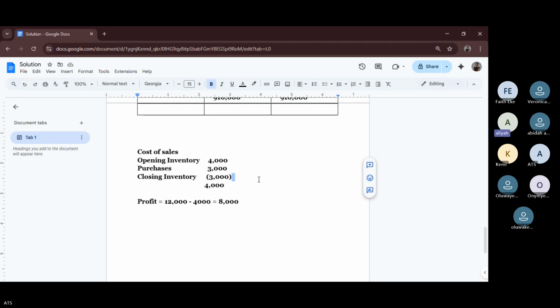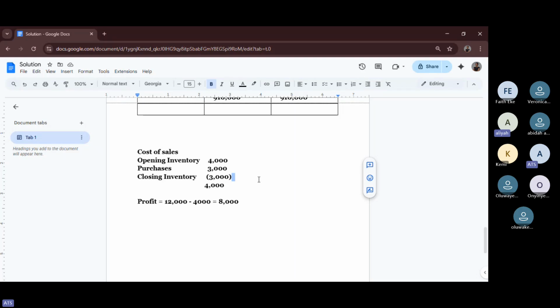You deduct it. So that should be the first thing under things that you deduct: decrease in opening inventory.